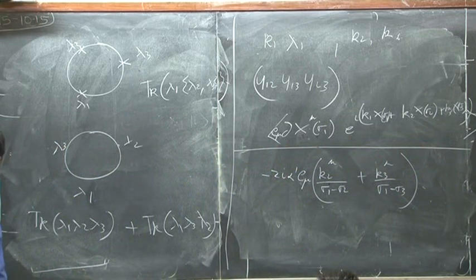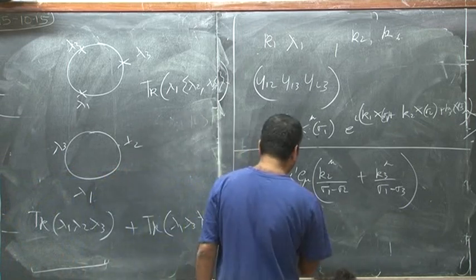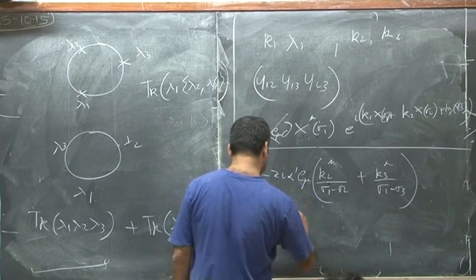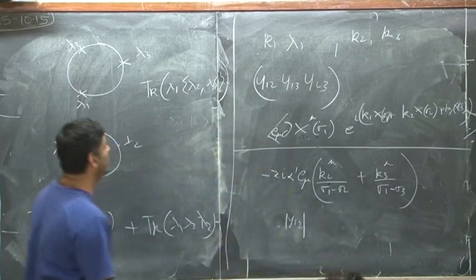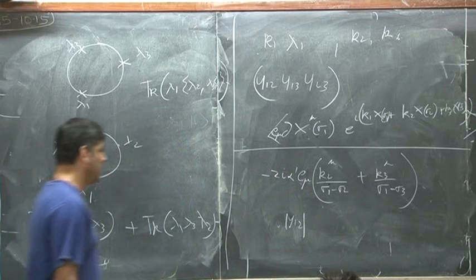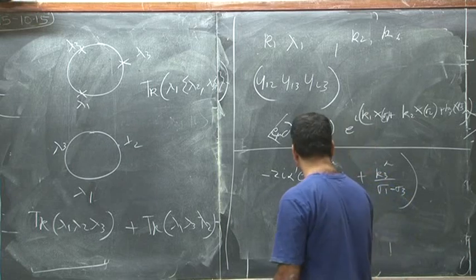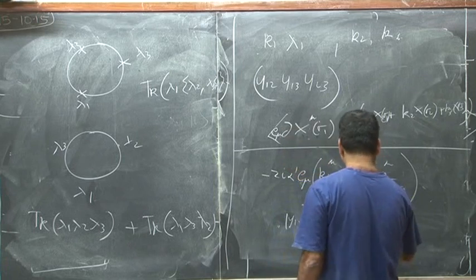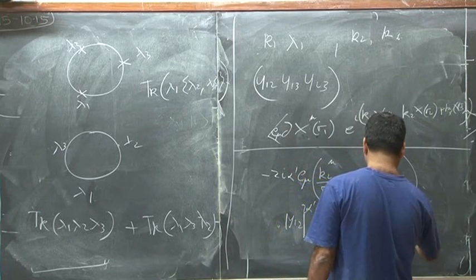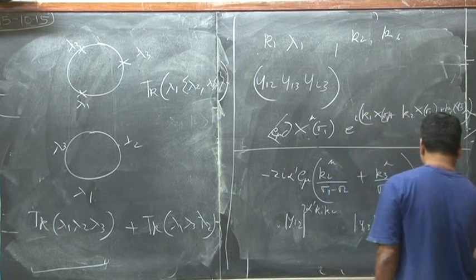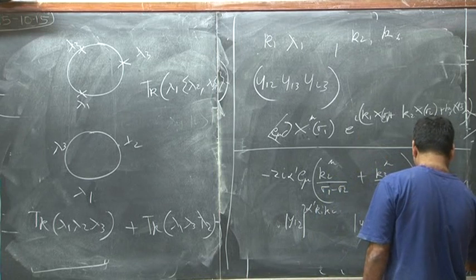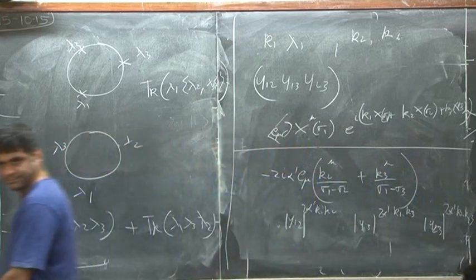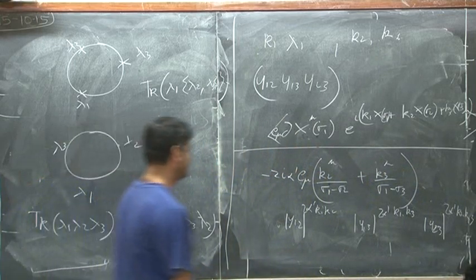So we get this. Times we get y12, mod y12 to the power 2 alpha prime k1 dot k2, times y13 to the power 2 alpha prime k1 dot k3, times y23 to the power 2 alpha prime k2 dot k3.